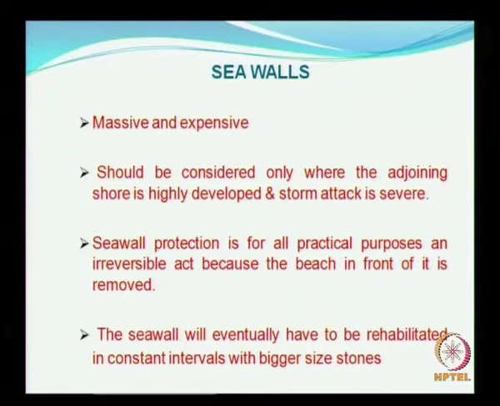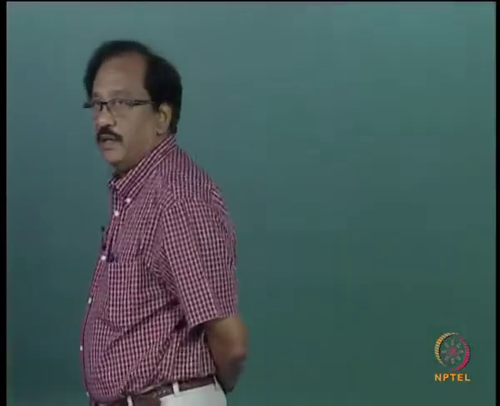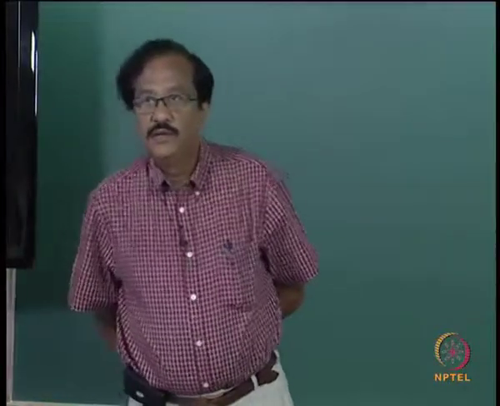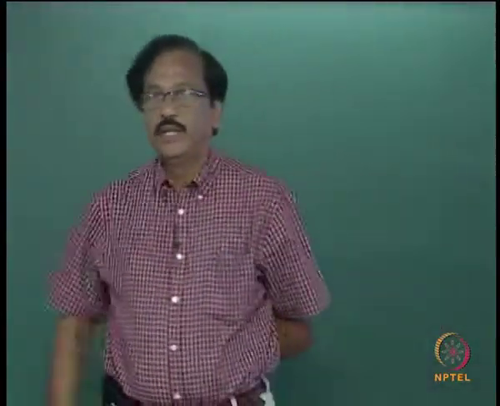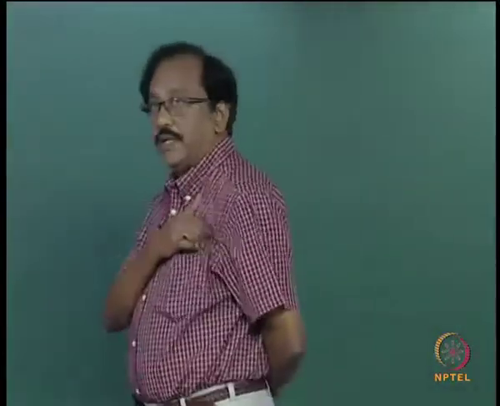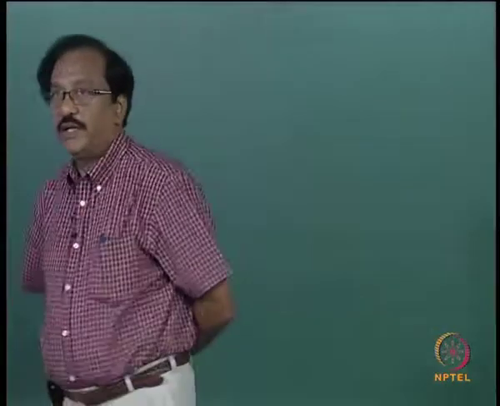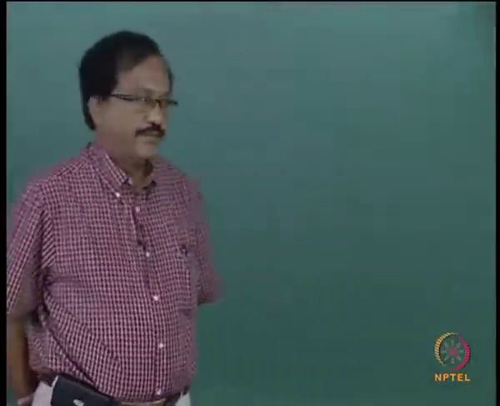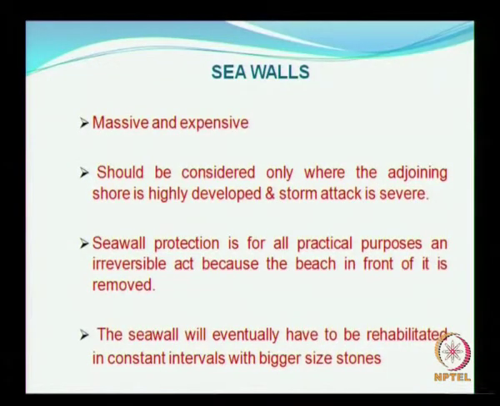These are all the general considerations. Seawall protection is for all practical purposes an irreversible act, because the beach in front of it is removed. The fourth point is the seawall will eventually have to be rehabilitated at constant intervals with bigger size of stones if required.